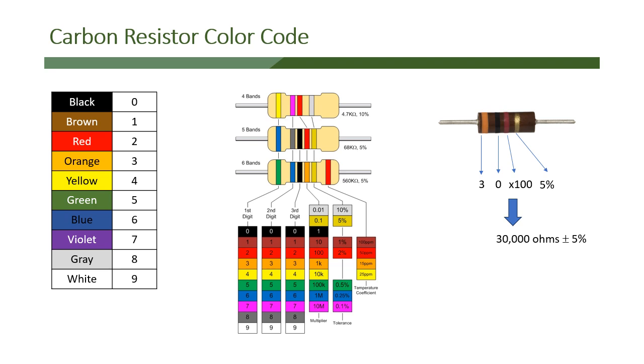The other thing that's not shown here is that the diameter of this resistor indicates how much power it can handle. Remember, resistors dissipate energy as heat, and heat is watts, just like a 100-watt light bulb or a 15-watt light bulb. That's all heat. So the size of the resistor, that is the diameter, tells you how much heat it can dissipate.